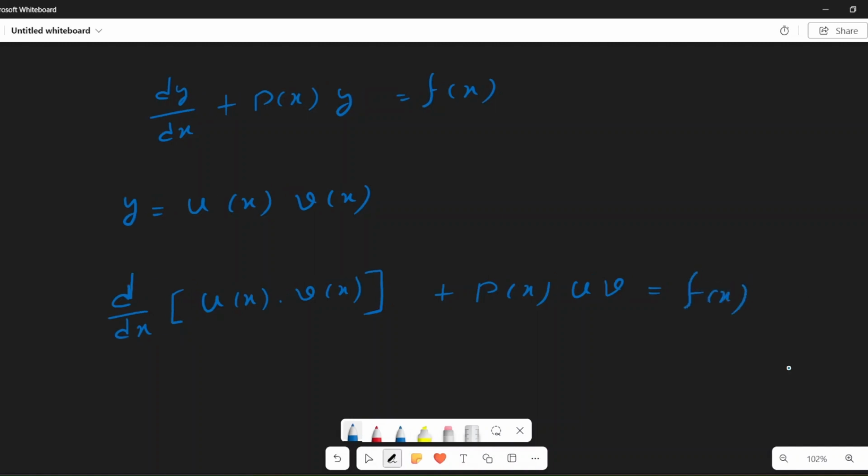Now look at these terms. How can we find this derivative? This implies v du/dx plus u dv/dx plus px uv is equal to f(x).